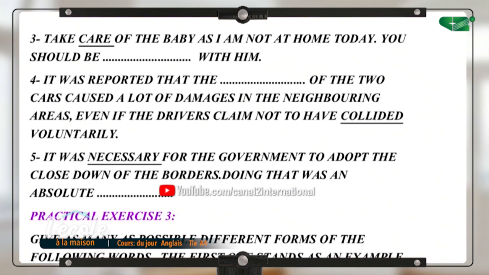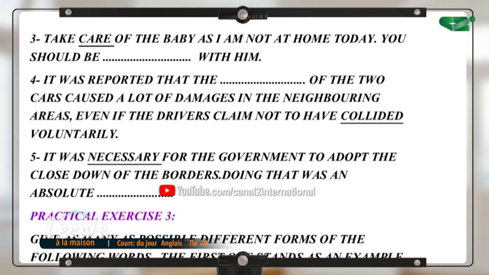You change the form of the verb which is already in the past tense, collided, to give the adequate one. Number 5. It was necessary for the government to adopt the close down of the borders. Doing that was an absolute dash.